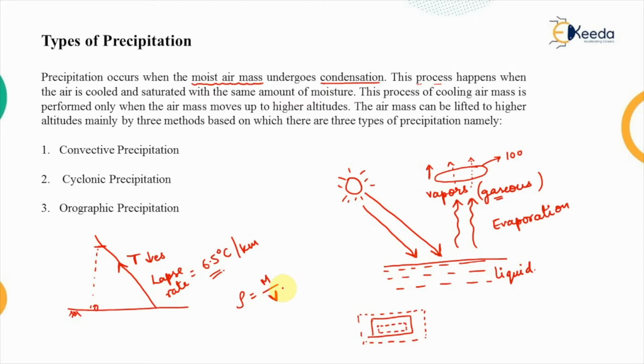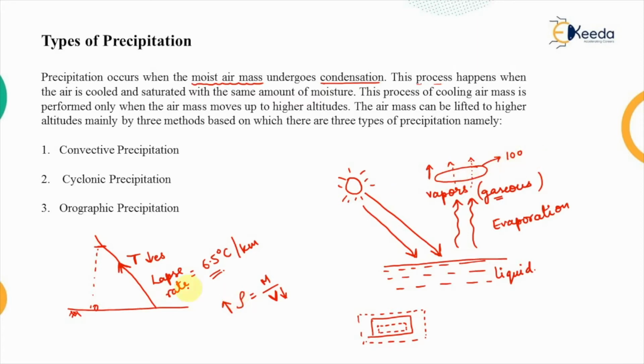So as we reach higher altitudes, the temperature is decreasing, which means the volume is decreasing, and as the volume decreases, the density increases.